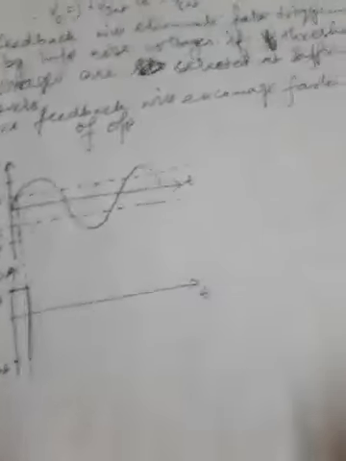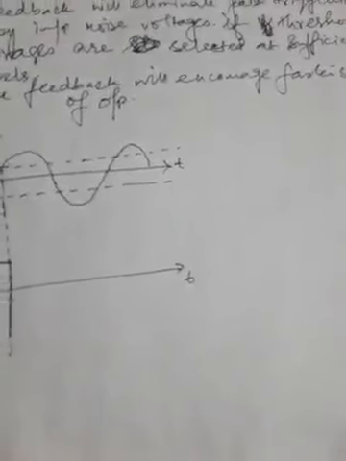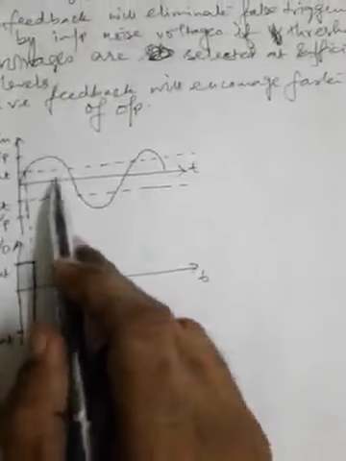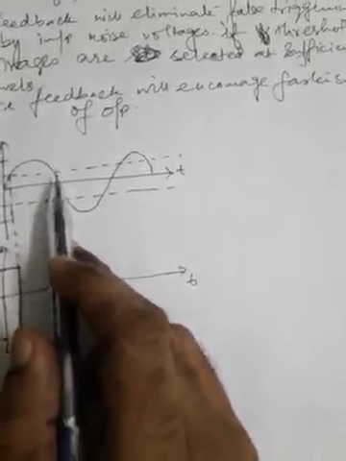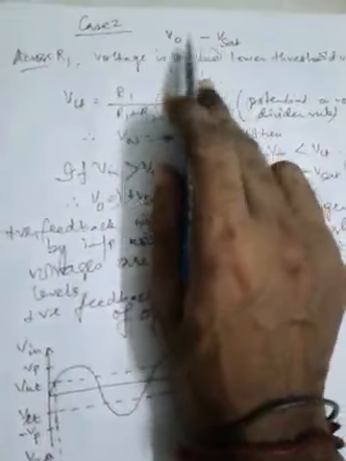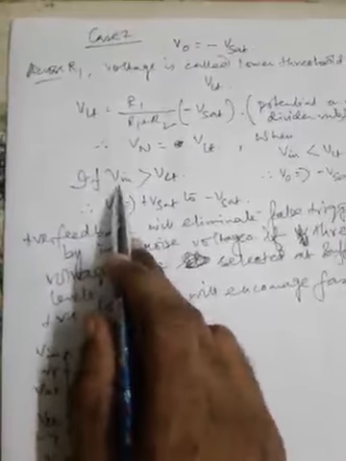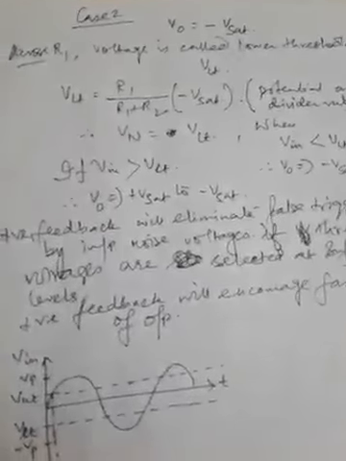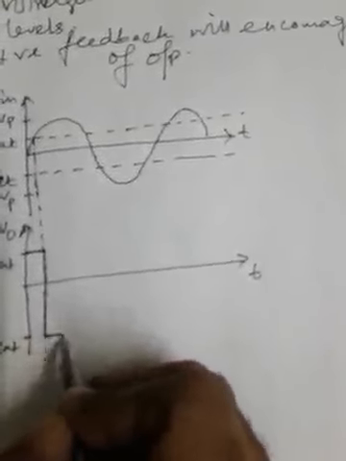Now the question is, how long should it stay at the negative saturation level? Consider this case 2. The negative saturation level should be maintained, so it will stay at this state.